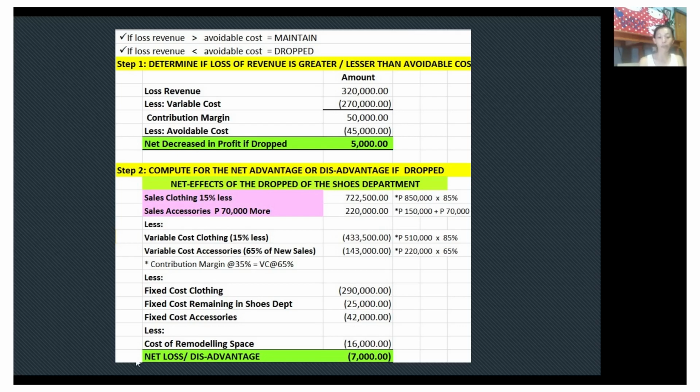So we come up with a negative 7,000, which is the net loss or disadvantage if we will be able to close the shoes. So there's a disadvantage of worth 7,000 or a net loss of 7,000 if we're going to drop the shoes. Okay, so let's go back.